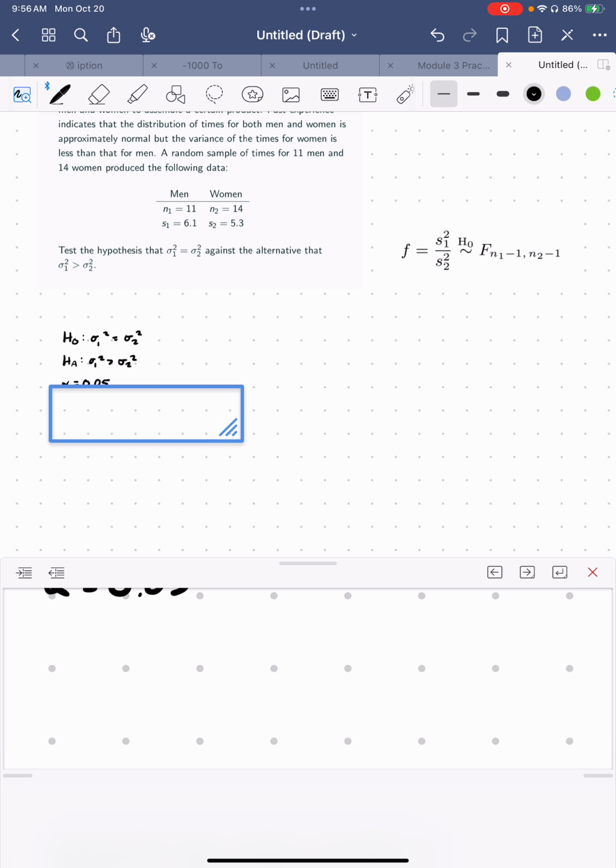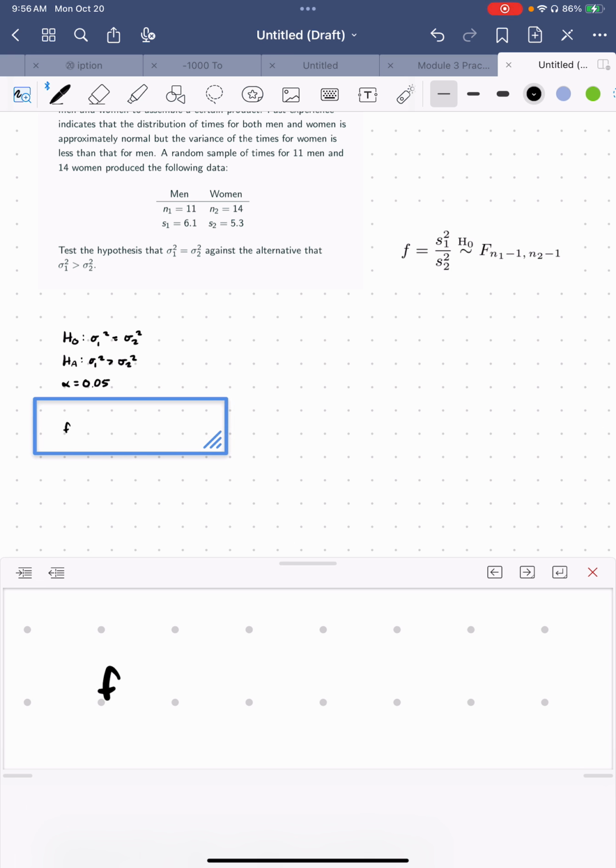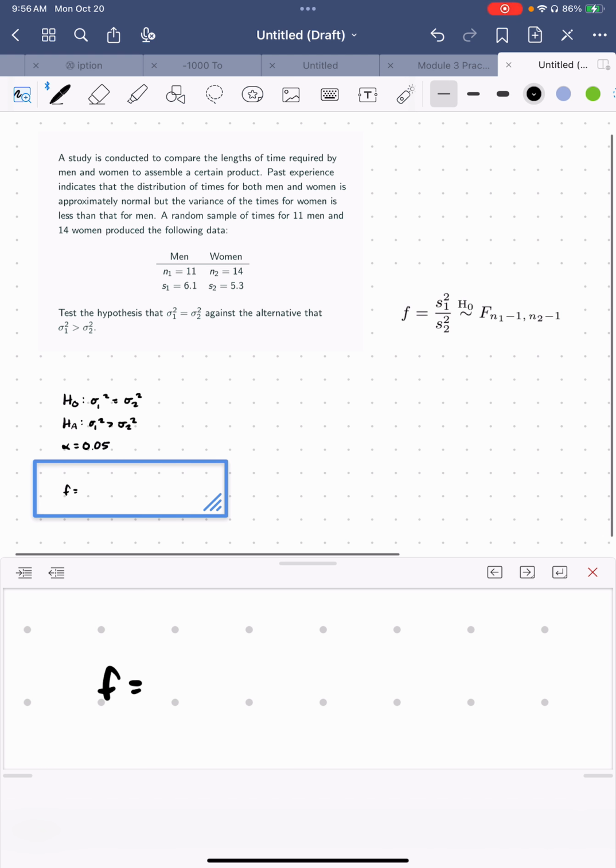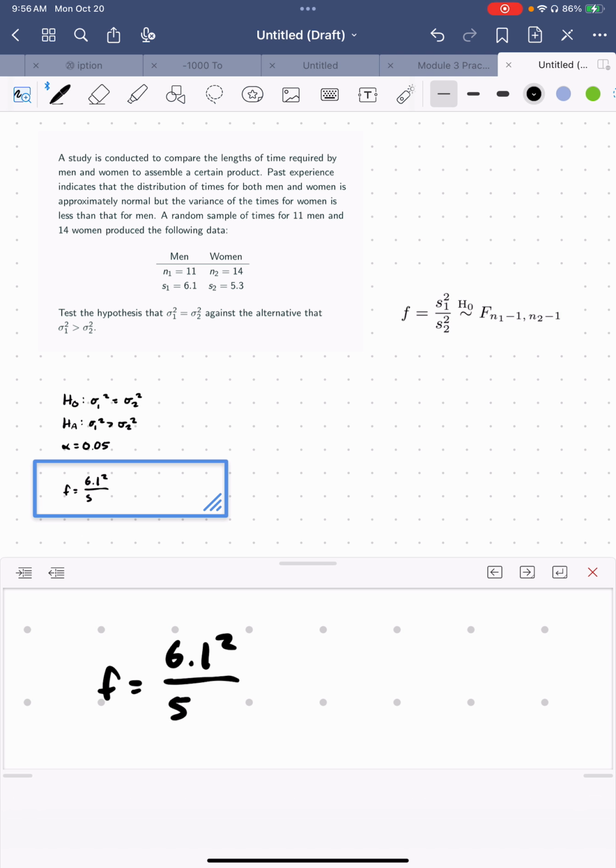And so we have our formula here using our f value, so we can calculate our f value over here by finding our standard deviation squared. We have our values in our table here, and we just need to square them. So for our first population, which is men, we have 6.1 squared, and then divided by 5.3 squared for women.